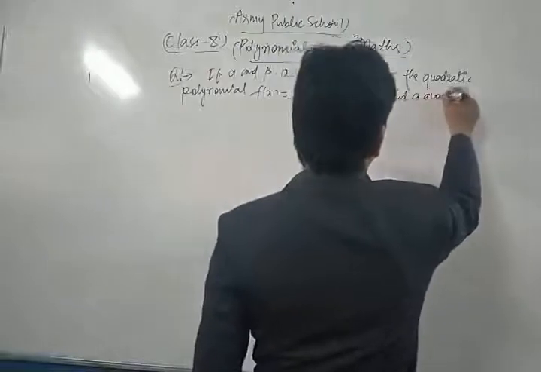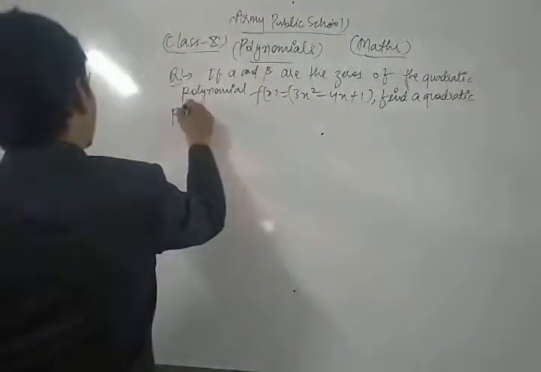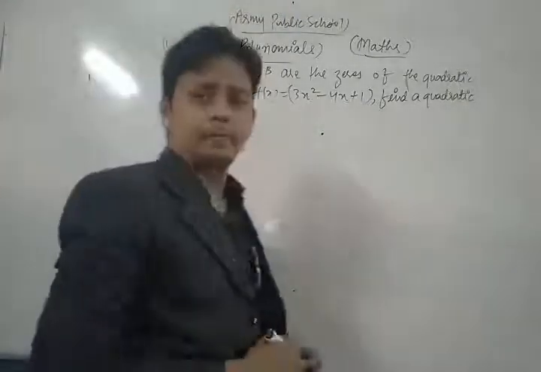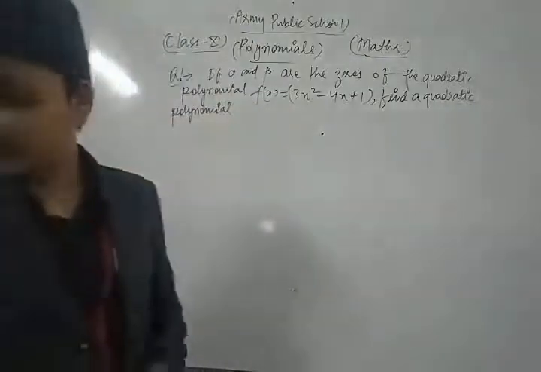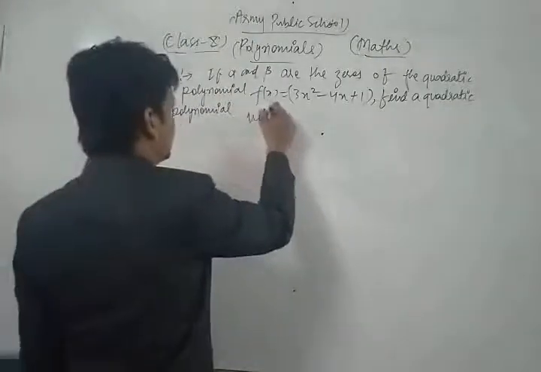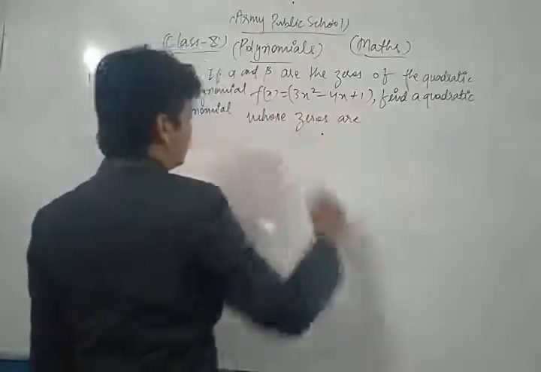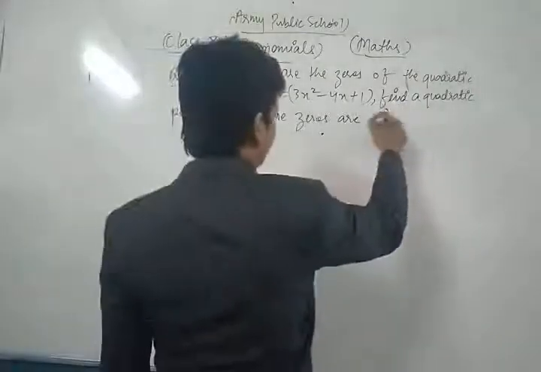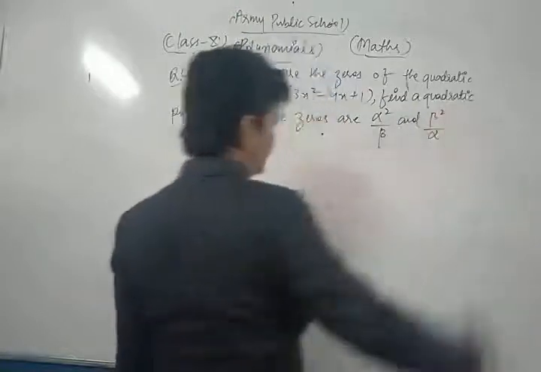whose zeros are alpha square upon beta and beta square upon alpha.